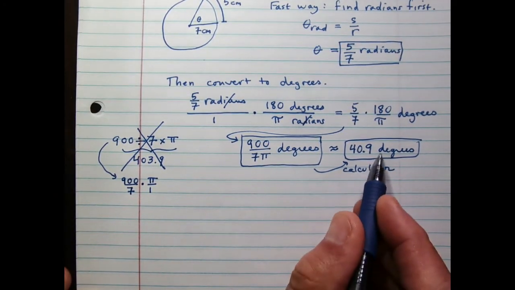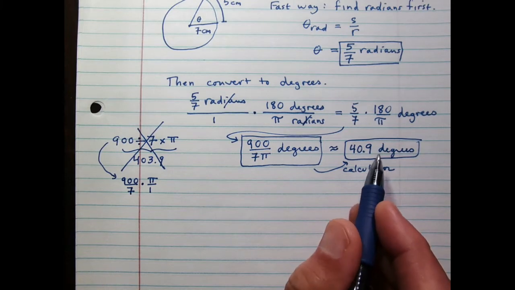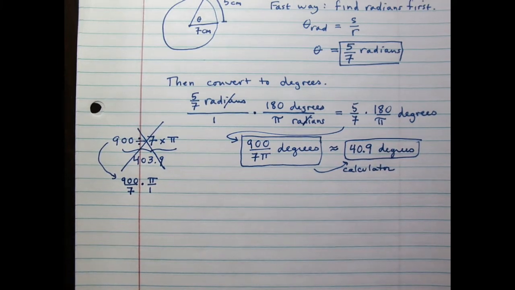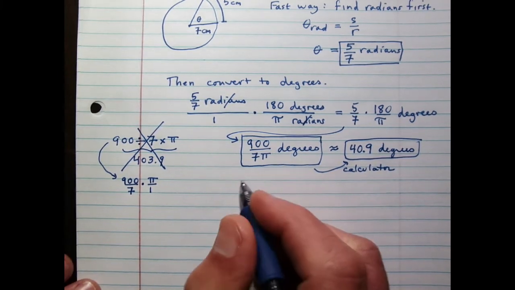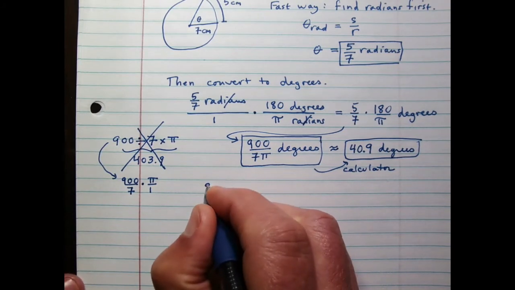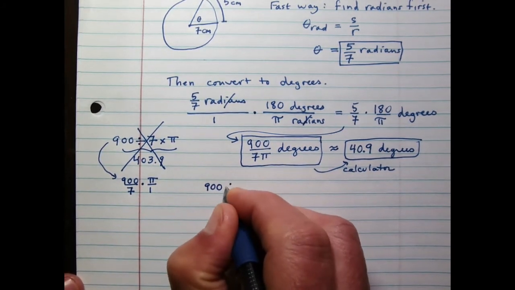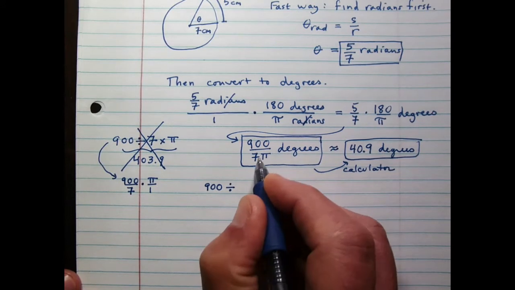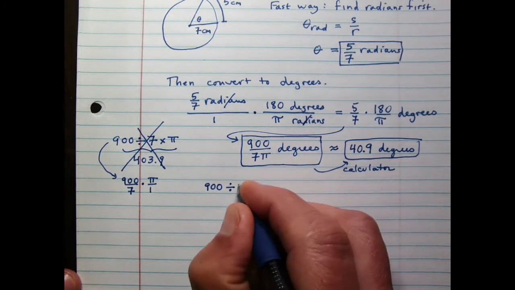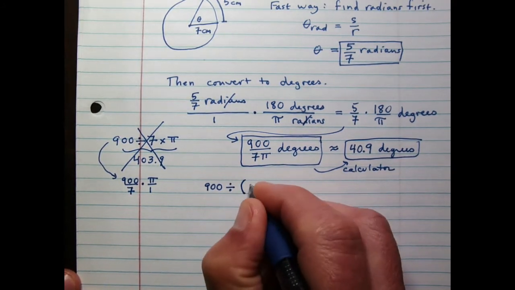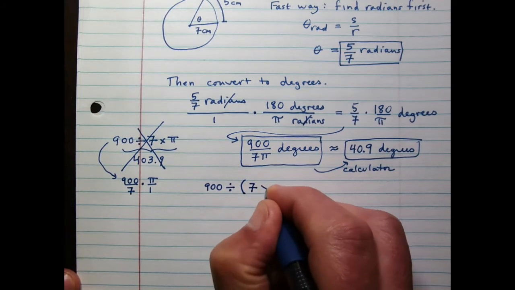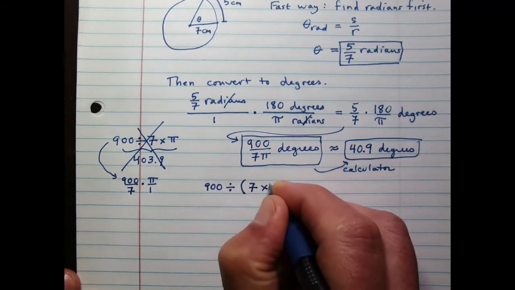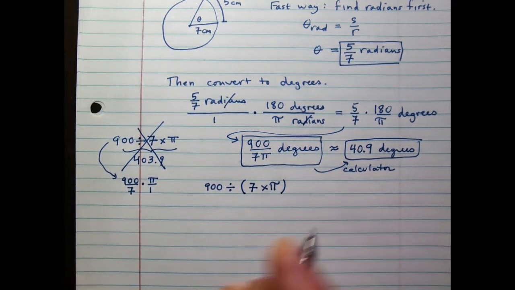If you want to get the correct value here, it's a good idea to learn to use parentheses on your calculator. So if you do 900 divided by, because we have a complicated denominator, start a parentheses, then do 7 times pi, close parentheses.